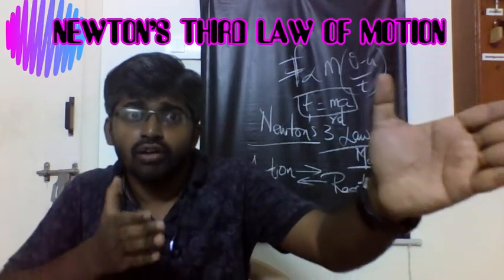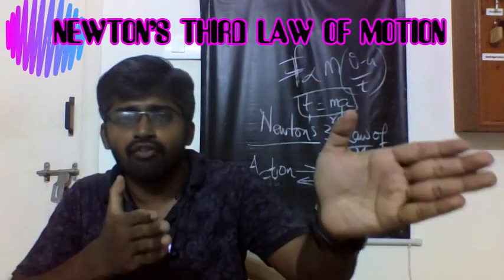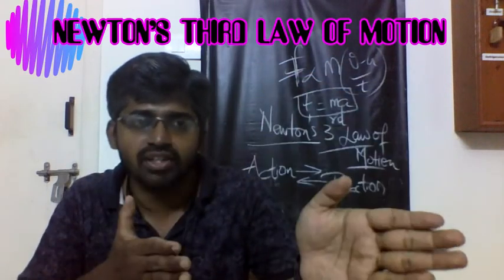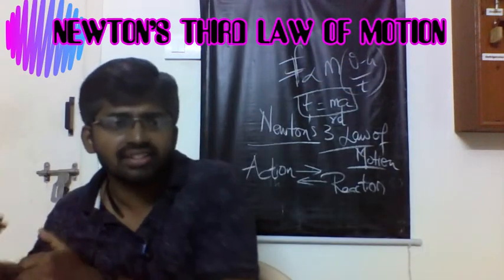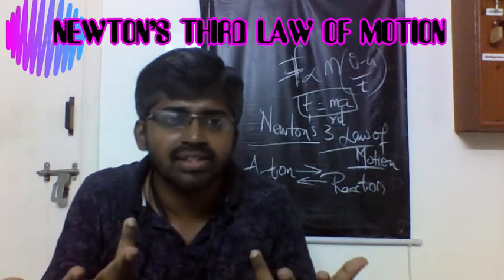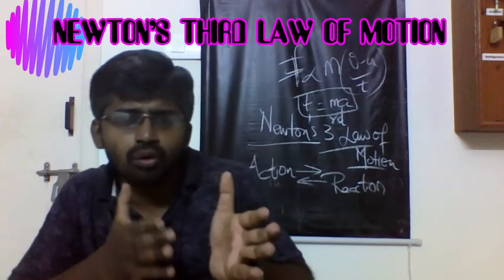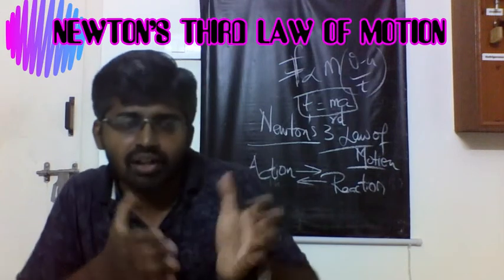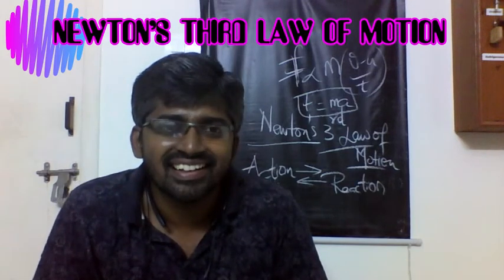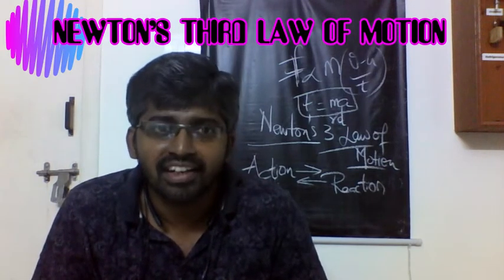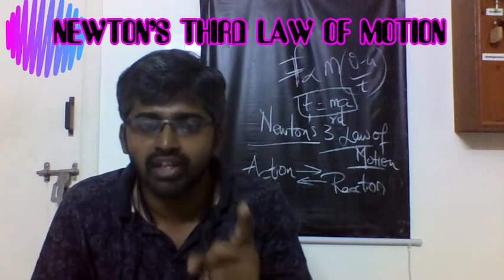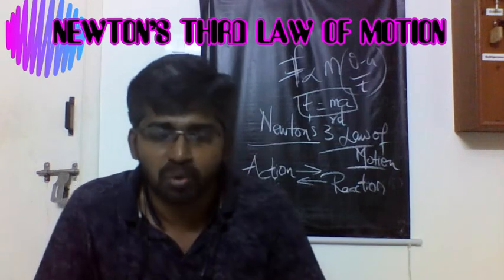If the force is equal and opposite, then the gun should also move at the same speed, no? But it's not moving at the same speed. It's a small speed, less velocity. Why? You might know if you have understood Newton's second law of motion.